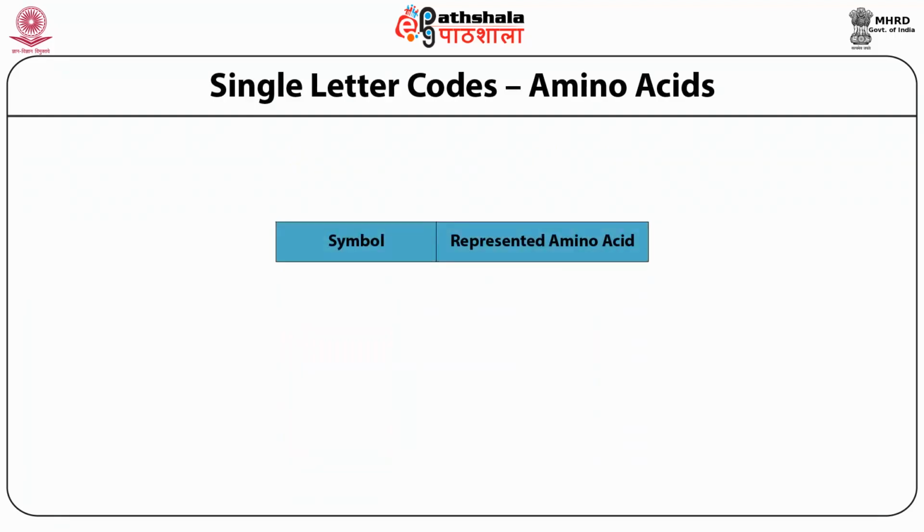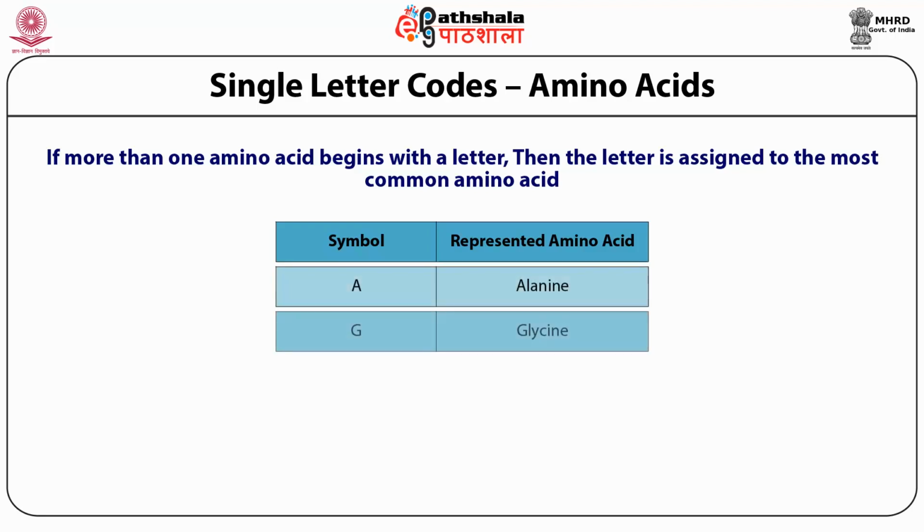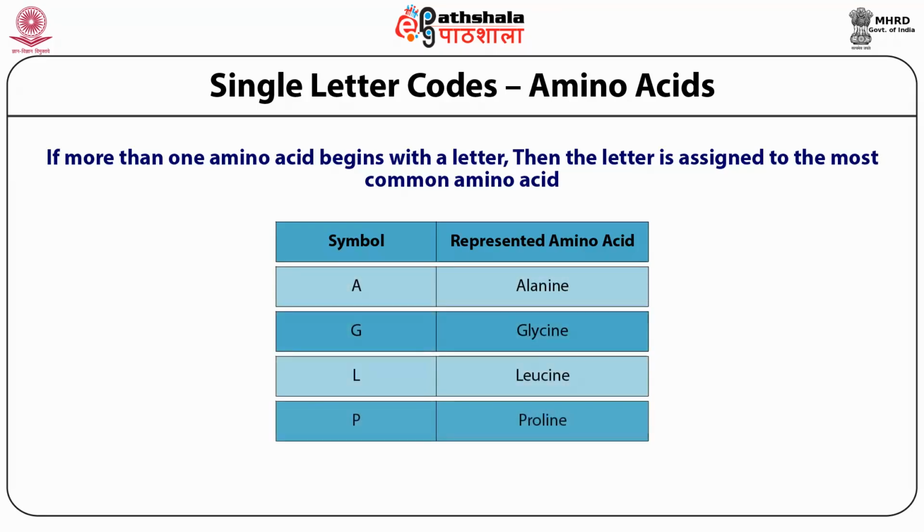However, when more than one amino acid begins with the same letter, then the letter is assigned to the most common amino acid. 5 amino acids, that is alanine, glycine, leucine, proline and threonine, are assigned their first letter because they are the most commonly occurring amino acids.